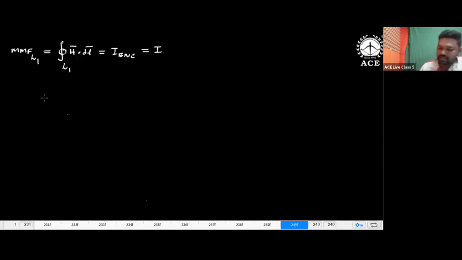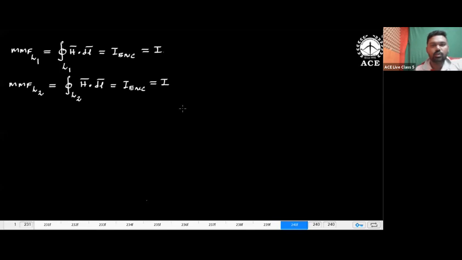That's all it is. So what is the MMF in the loop 2? Closed integral of H dot dL, which is equal to I enclosed, which is also equal to I. You need not perform the closed line integral. Directly you will get it like this. Then what is the MMF in the loop 3?